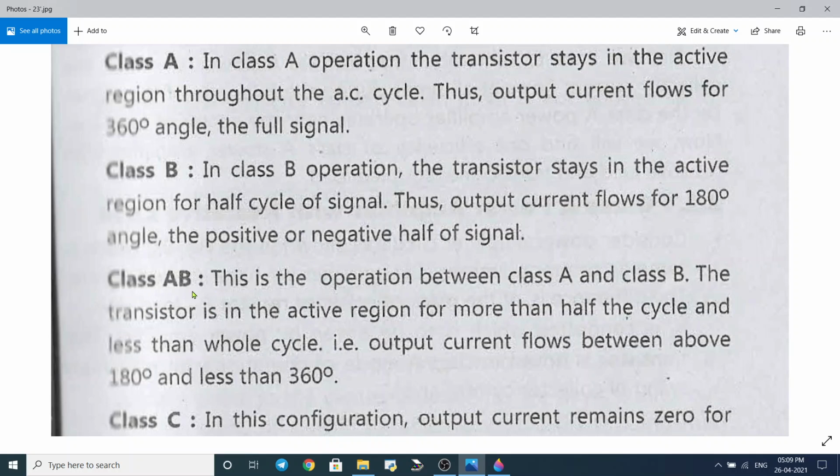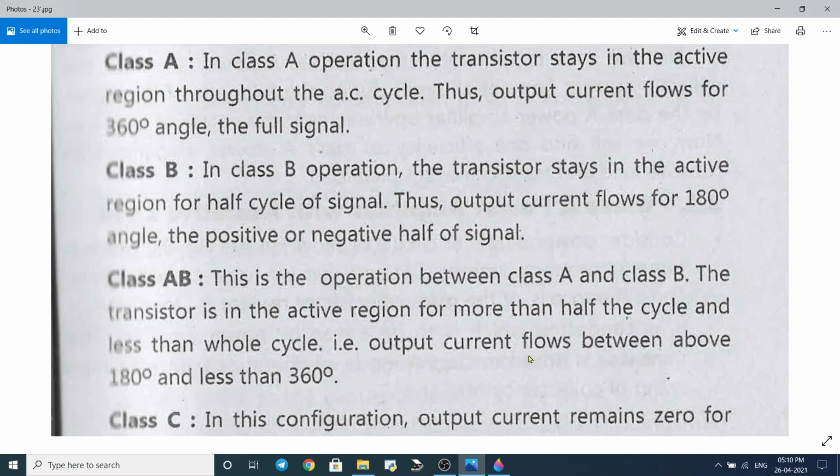Then class AB, that is in between class A and B. More than class B and less than class A. So this operation is between class A and B. The transistor is in the active region for more than half cycle and less than the whole cycle.